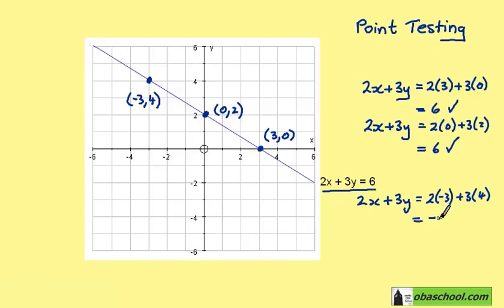This is minus 6 plus 12, which is 6. So once again, this satisfies the equation of the line. Every point on the line, if tested, would give us 6 when we evaluate 2 times x plus 3 times y.